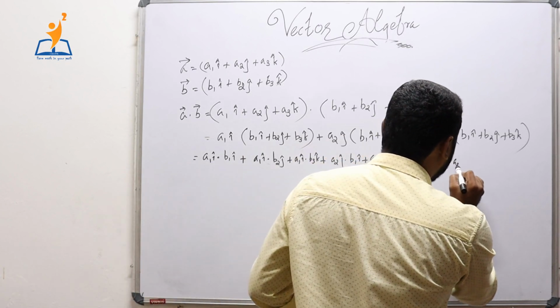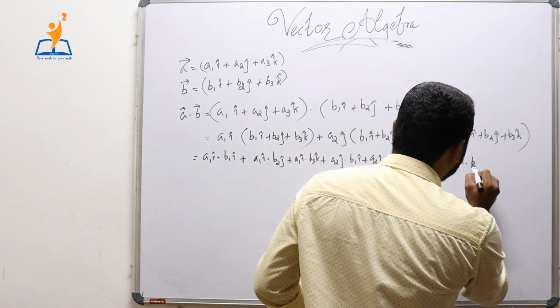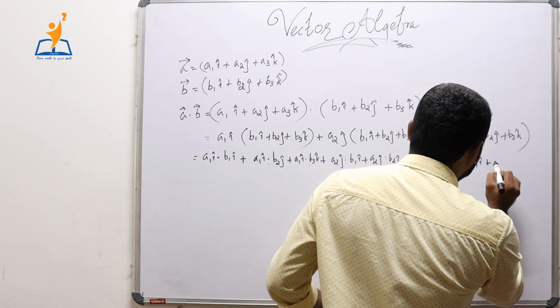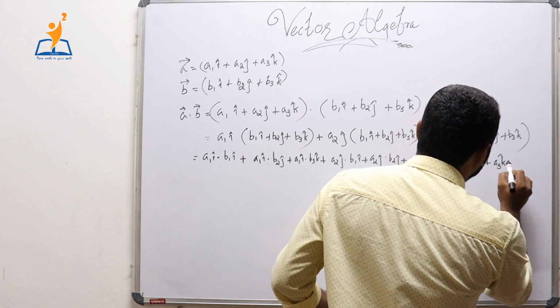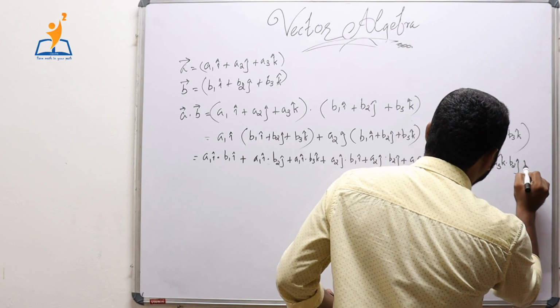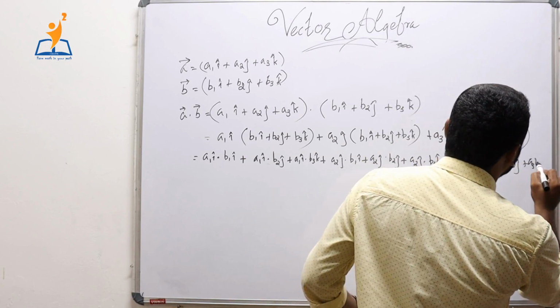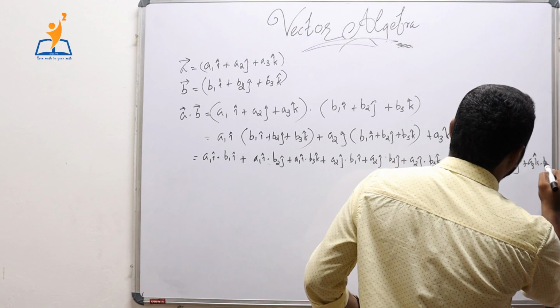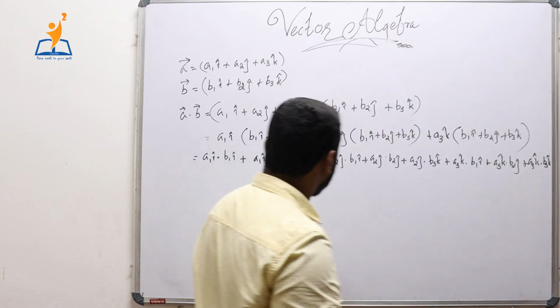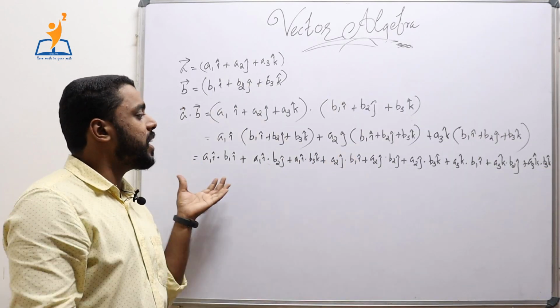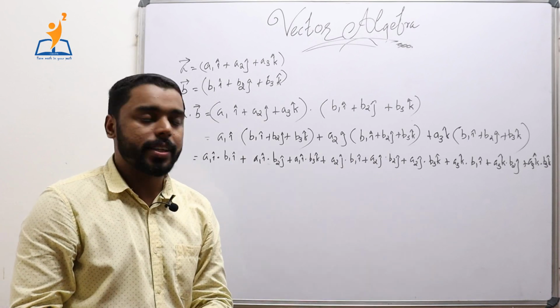Again we have a3 k cap dot b1 i cap plus a3 k cap dot b2 j cap plus a3 k cap dot b3 k cap. See, I have just opened each and every bracket, right?